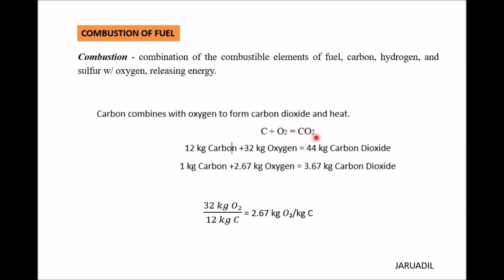Ito, 44 yan. Kasi 12 plus 32 din yan. So therefore, if you divide this by 12 throughout, this becomes 1 kilogram, 32 divided by 12, 2.67, 44 divided by 12 equal to 3.67. Or in short, there are 32 kilograms needed for oxygen to burn 12 kilograms of carbon. So if you divide this, 2.67 kilogram of oxygen per kilogram of carbon is needed.